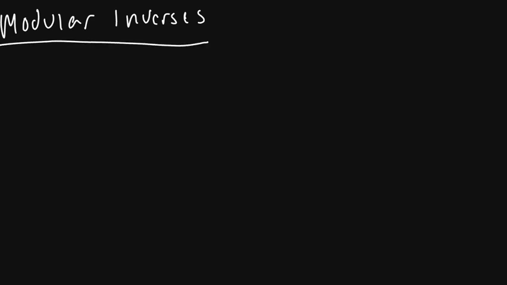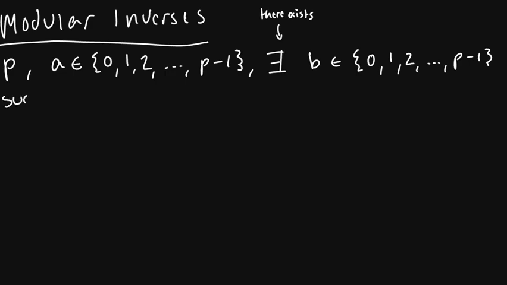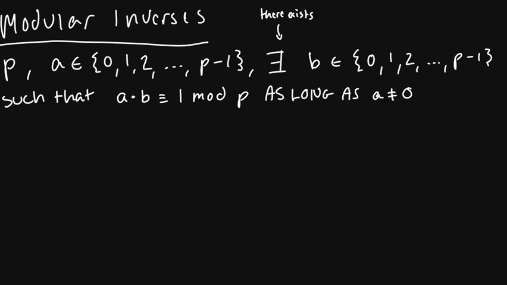Well, for any prime p and an integer a between 0, 1, 2, dot dot dot, all the way to p minus 1, there exists, which is what this backward E means, a value b in the range 0, 1, 2, dot dot dot, p minus 1, such that a times b is congruent to 1 mod p, as long as a is not equal to 0, which is kind of important.